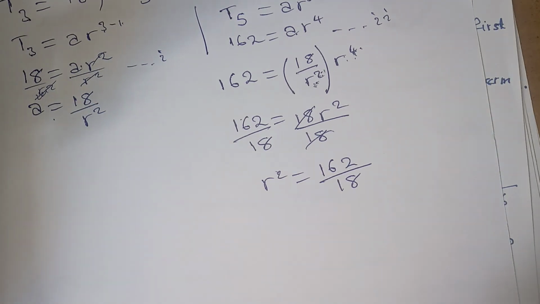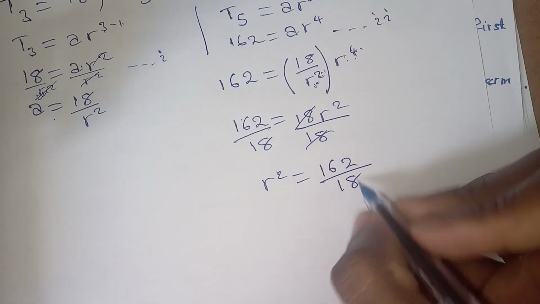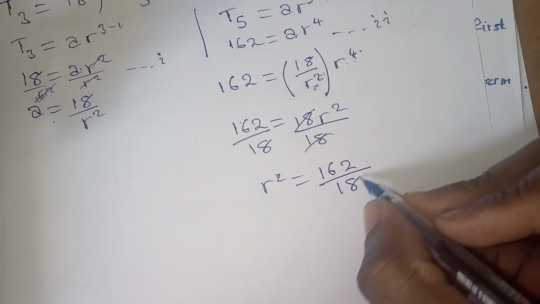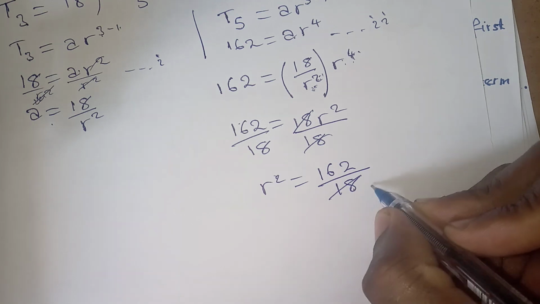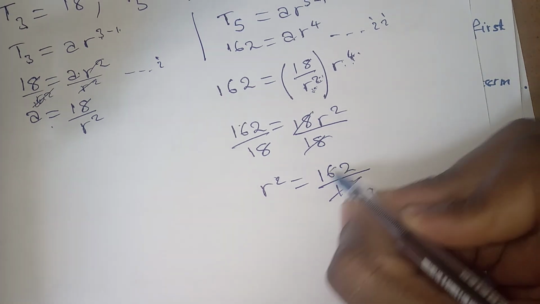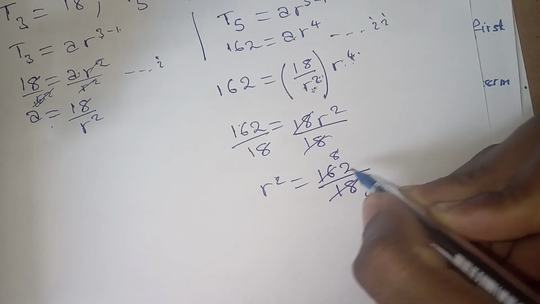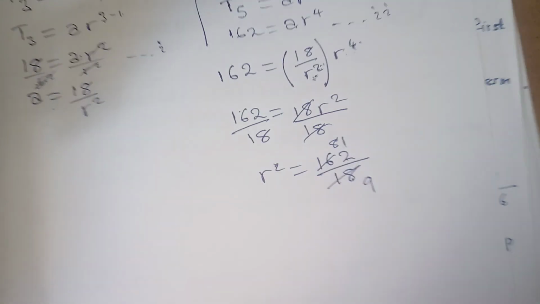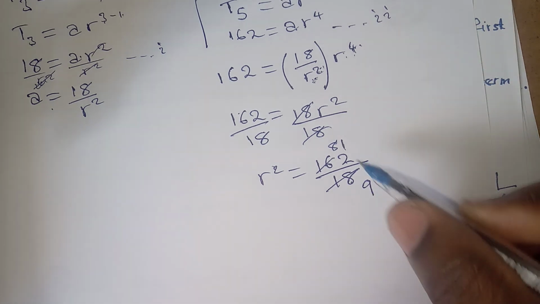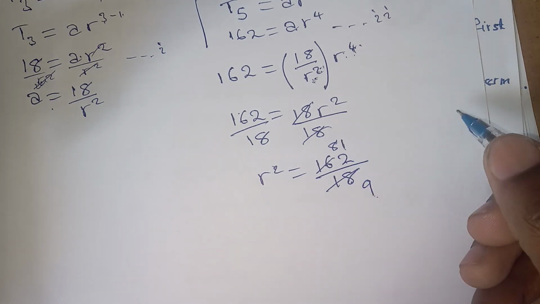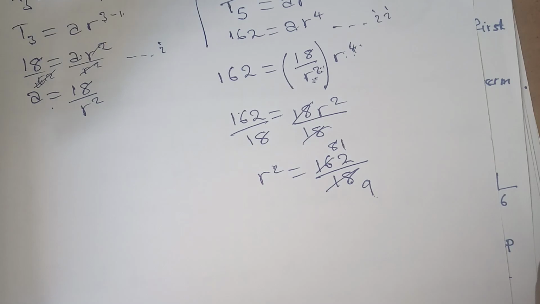And because I don't have my calculator, I will reduce this so that I have a 2 there, gives me a 9. Then a 2 there, this is an 8. A 2 there, 1. So if I want, I can divide through by 9 and get a 9 and then find the square root of 9.